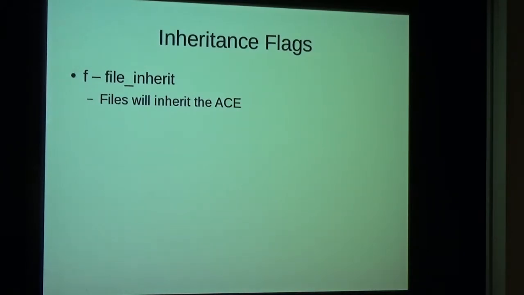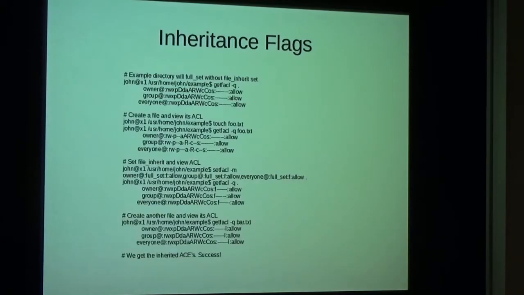The exception is the capital I, which did I list that? Yeah, which just shows that the file was inherited, but normally you shouldn't set that. That should get set by the file system. So if F is set in inheritance flags, then all files in that directory will inherit that ACL entry.